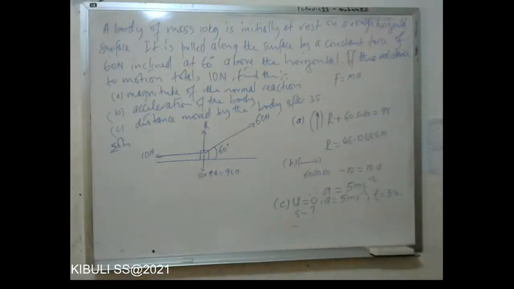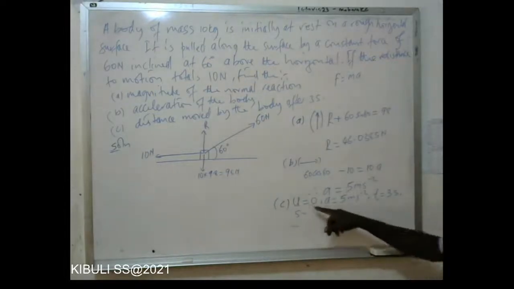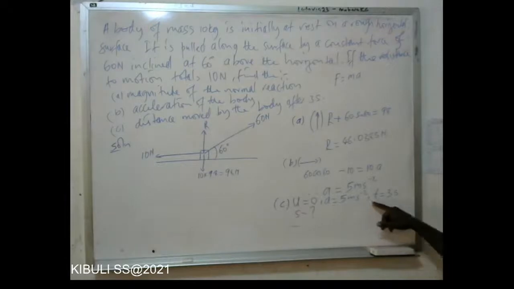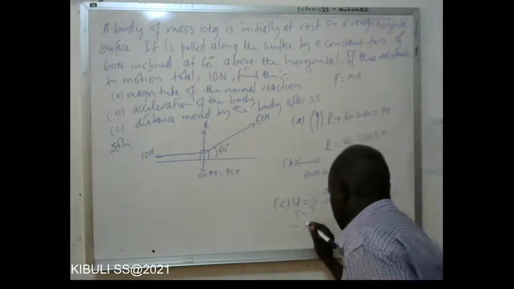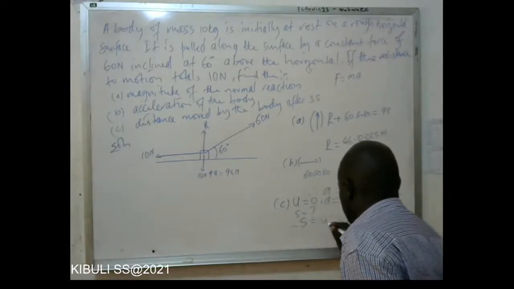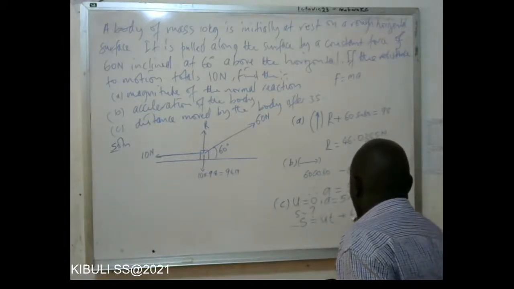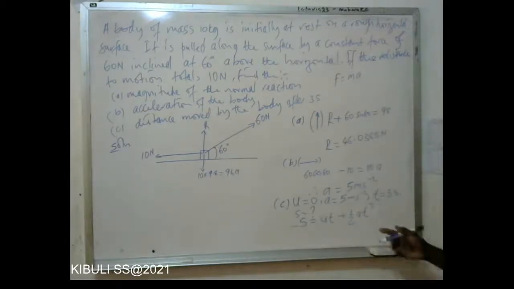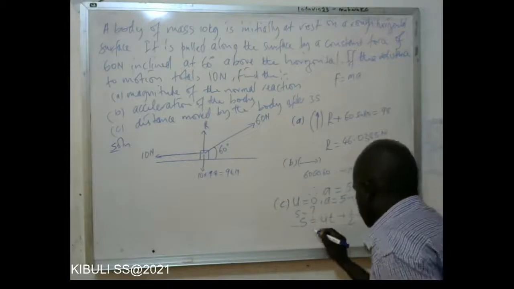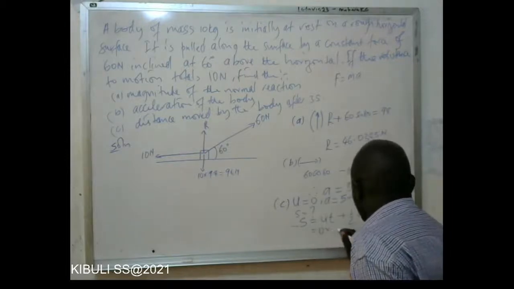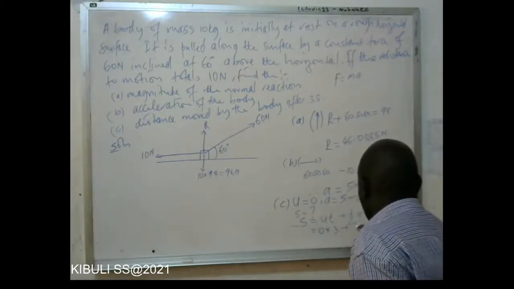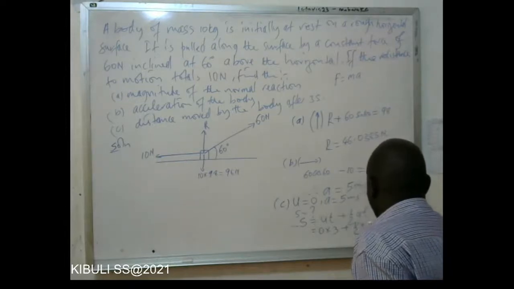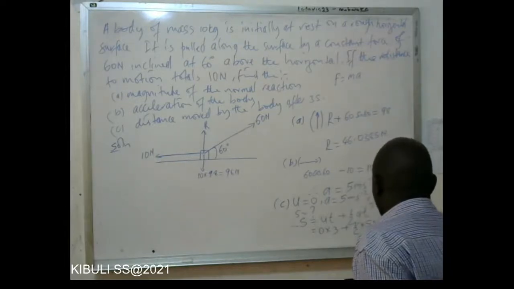So we need an equation which connects all these quantities: u, a, t, and s. And the equation is s equals ut plus half at squared. So we just substitute for these quantities. u is 0, t equals 3, plus half times the acceleration, which is 5, times 3 squared.